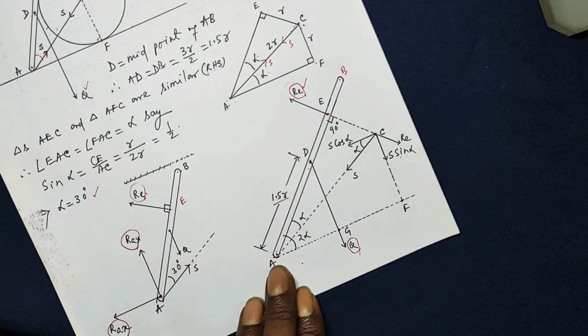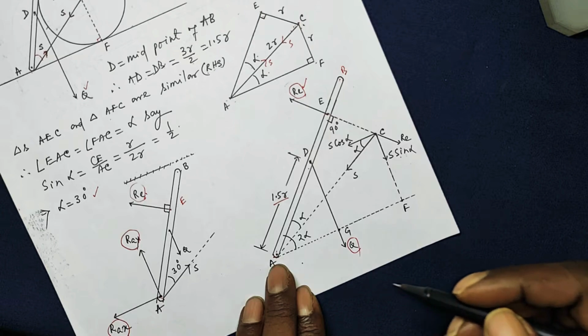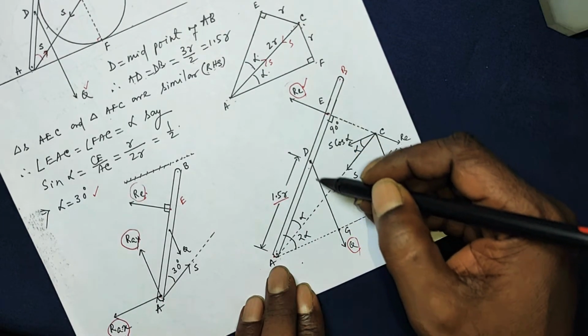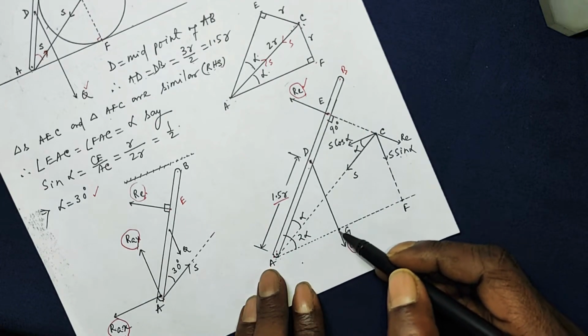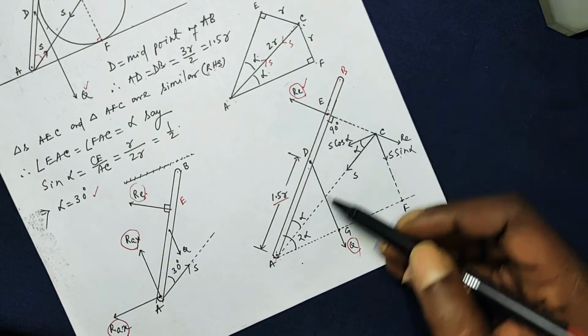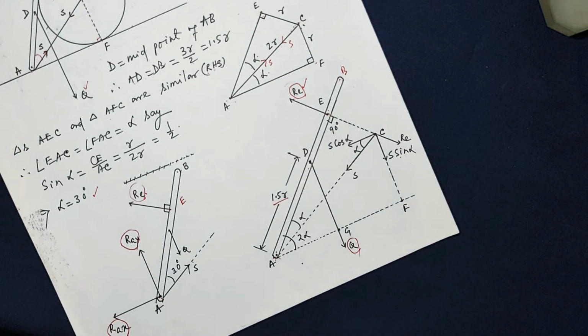Similarly, about this point, the weight Q will have a turning effect, Q times this length, AG. Now let us take the moment about point A. So we need to find out AE and AG also.